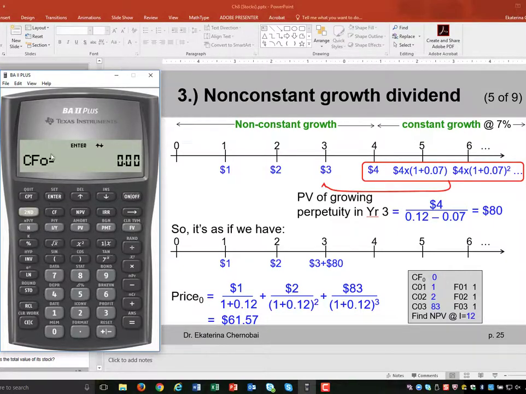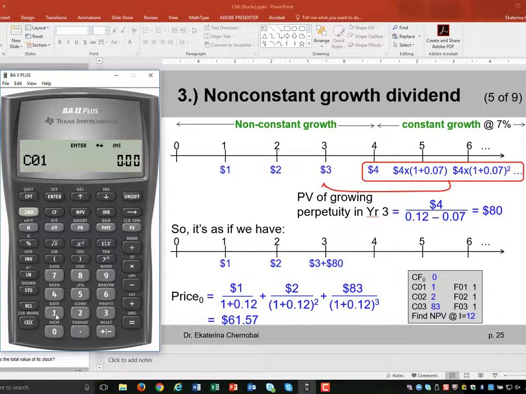Cash flow button. Cash flow 0 means the dividend you would receive right away if you buy the share. There is nothing, right? So you save it as $0. Press enter. Down arrow key. Cash flow 01 means the first dividend in the future, and that's $1.